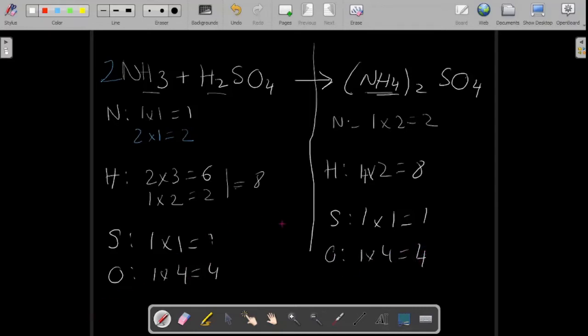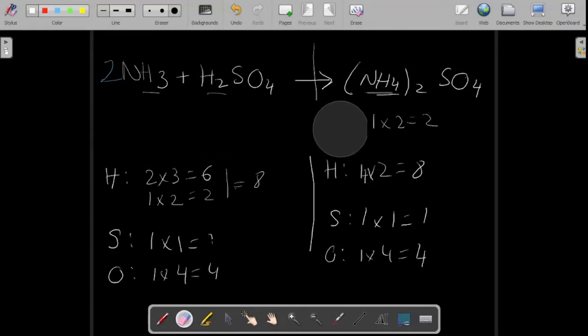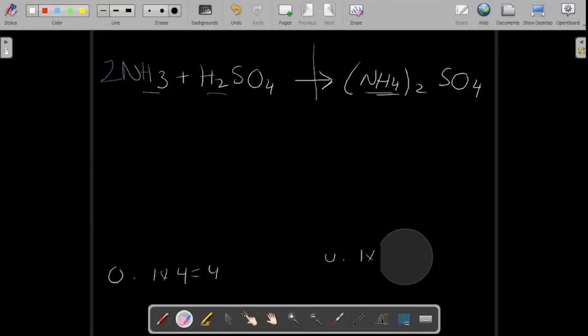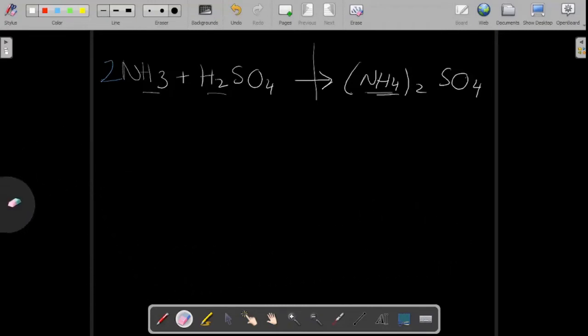Okay, so now it's balanced. Let me erase these. And I said to you, it was very, very important for you to have a balanced chemical equation. For it to be a recipe, it does need to be balanced. Let's see if I can erase this. No, I think it's too big. The eraser doesn't seem to be working very well. Okay. Anyway, now that we have a chemical equation, we can start working.